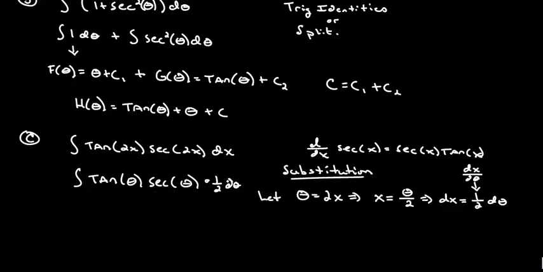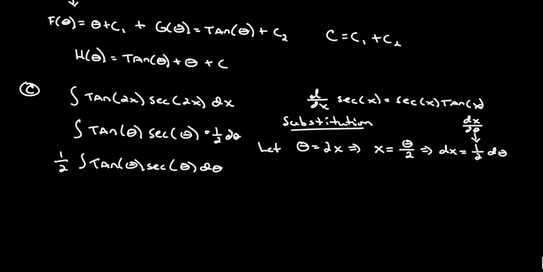We can't just leave this guy as a dx, so let's pull the half out. And then we get the following. The antiderivative of this with respect to theta is secant, so this leads us back to 1/2 secant theta plus the constant of integration.